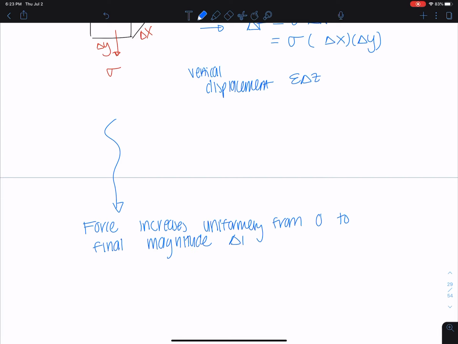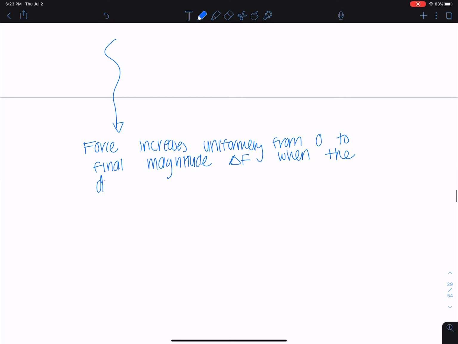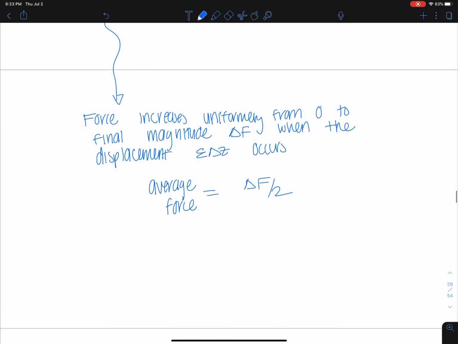We'll call it delta F when the displacement epsilon delta Z occurs. Okay, and basically then we can say our average force is equal to delta F over 2. Okay, this is our average.